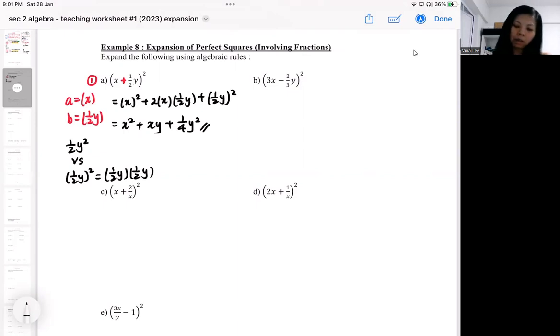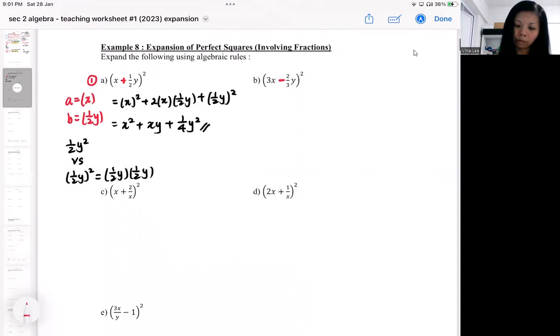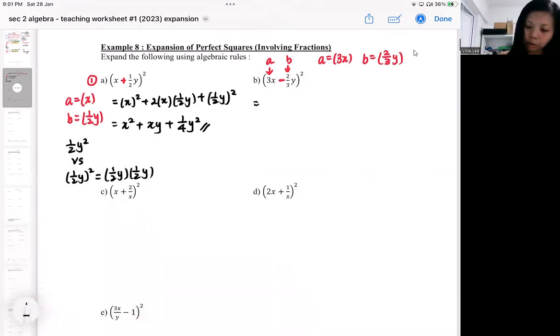Okay, in part B, I'm going to be using formula 2 because it's a subtraction. So this will be my A, this will be my B. So A is equal to 3x. B is equal to 2/3 y. Decide your A and B. Plug into the formula.